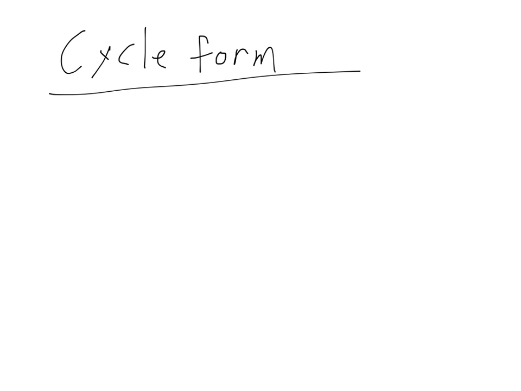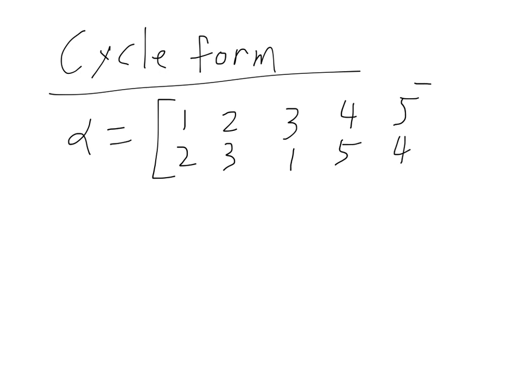So if I have a permutation that's in block form, say my original permutation alpha, I can write this in what's called cycle form. So basically I can visualize this as a collection of cycles. 1 is mapped to 2. 2 is mapped to 3.